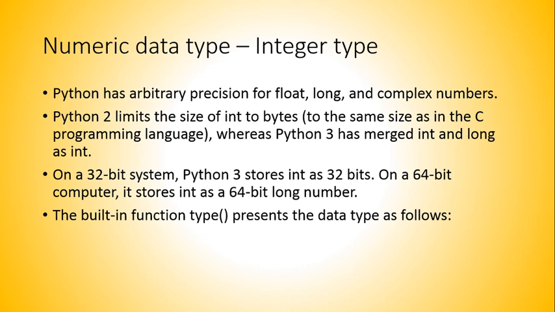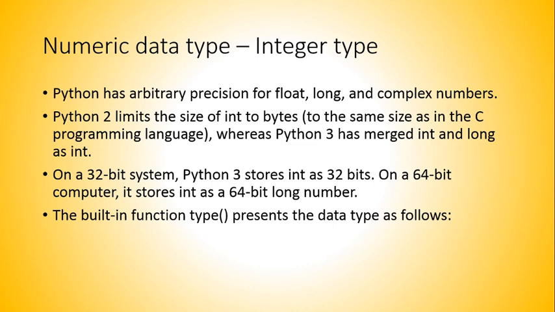So if you are using Python 2, it has long and integer as separate data types, but in Python 3 integer and long have been merged, so only int is there, which is also used for long data type too. If you are using a 32-bit system, Python 3 will store int as 32-bit, and on a 64-bit computer, it stores int as 64-bit.